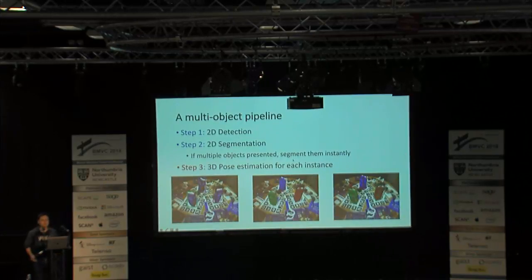A quite straightforward solution to the problem I proposed is to try to find the 2D cues in the image. First, we can detect the bounding box of the objects in the image, and then we predict the mask of all these objects, and at the last we use the appearance of this mask or the bounding box to regress the pose of these objects.